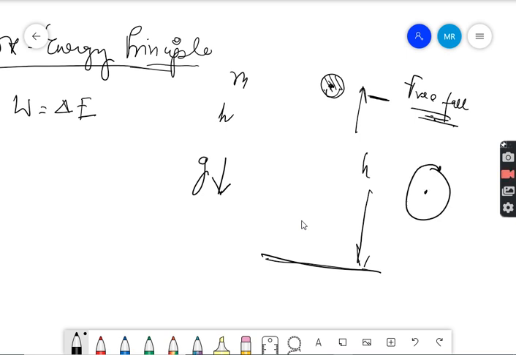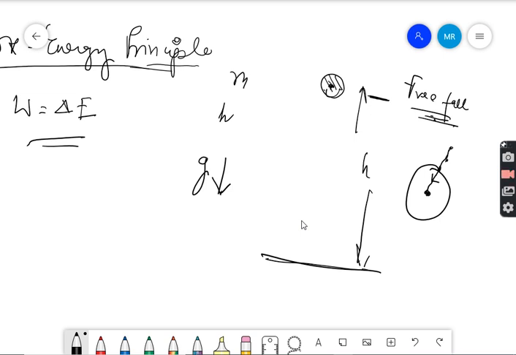Suppose here's the body, at height h. It will come towards the center of the earth. So let's come to the work energy principle part. At the highest point, the entire energy of the body is potential energy.